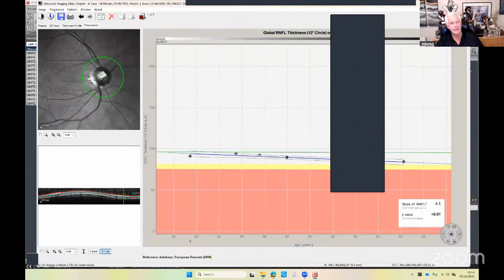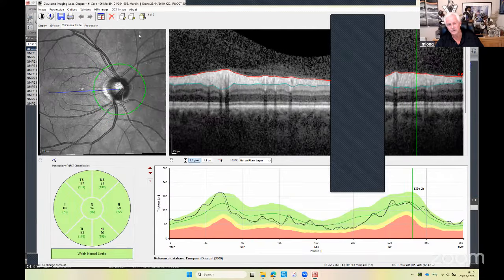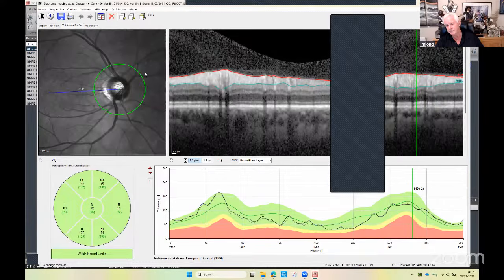So again, from the beginning, we've got the baseline scan and it looks okay. I don't know why the patient came, maybe because the cup disc ratio was looking very suspicious, or maybe there's a family history, I don't know. Here's the follow-up. It didn't change really too much. Third one didn't really change too much. Now here's the issue.